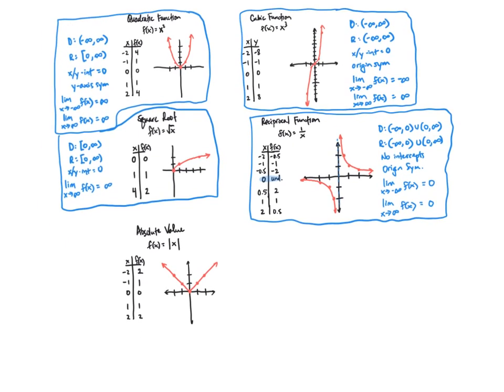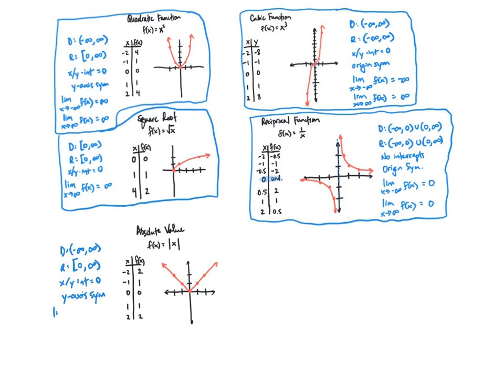And then finally, for absolute value, your domain is all real numbers. Your range, however, starts only from 0 and goes to infinity. Your x and y intercepts are both 0. It has y-axis symmetry.